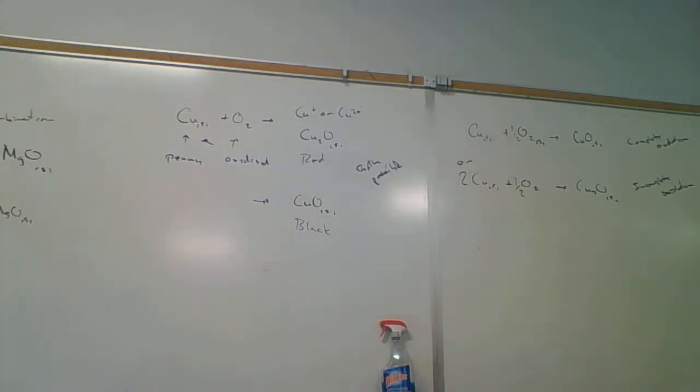Iron. What's the charge on iron? Iron is 2 or 3. So when we have complete oxidation of iron, does it go to iron 2 oxide or iron 3 oxide?